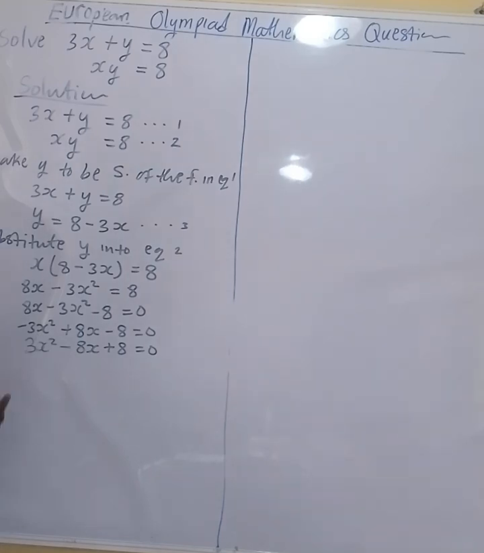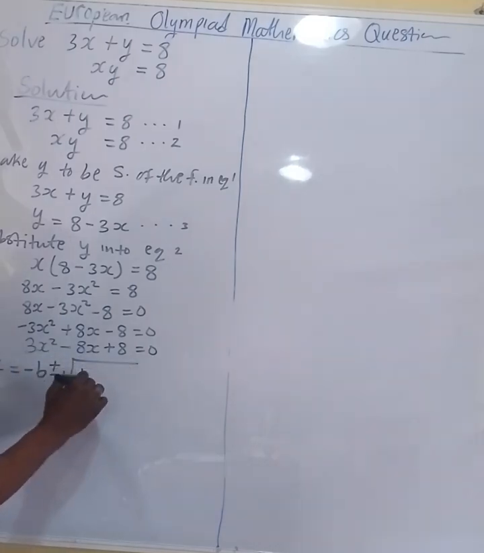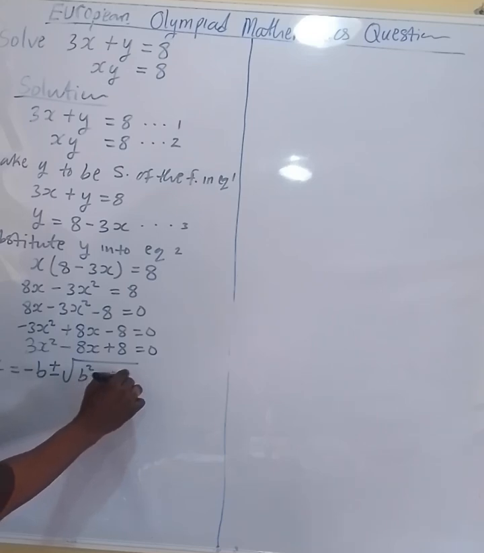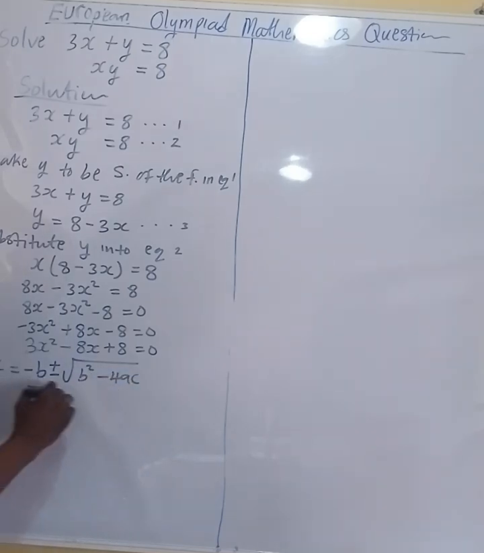From there, we will think of how to solve it. There are so many methods we can use. We can use factorization, we can use the completing the square method, we can use the quadratic formula, and also we can solve it graphically. So now let's use the quadratic formula. The quadratic formula says x = (-b plus or minus the square root of b squared minus 4ac) over 2a.